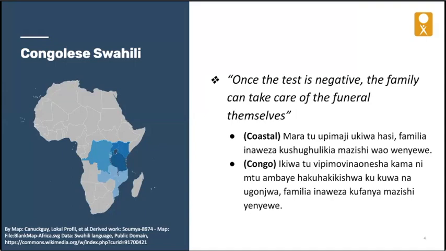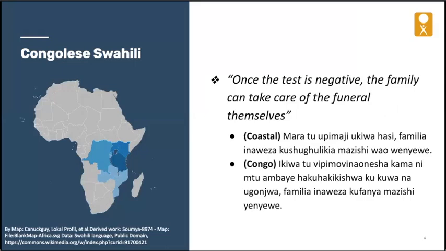Why? Because basically the word negative is not commonly used at all and is not known in the Congolese dialect. For example, caring for a funeral also doesn't really mean anything. So a colloquial word, kufanya, is used instead of the word for care, kushugulikia.